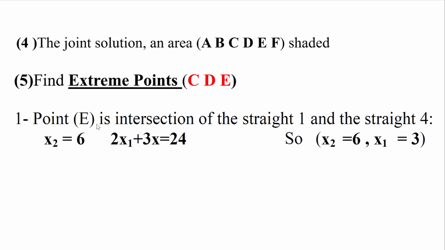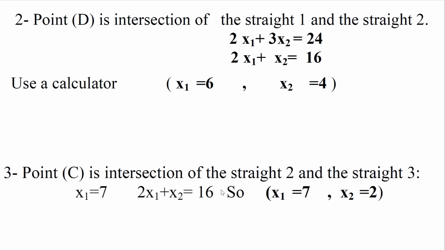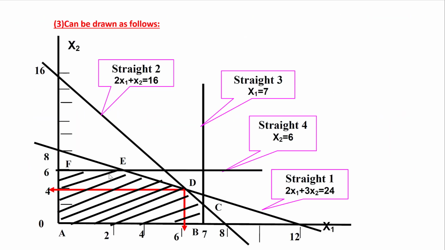Point E is the intersection of line 1 and line 4, constraint 1 and constraint 4. Here x2 equals 6.